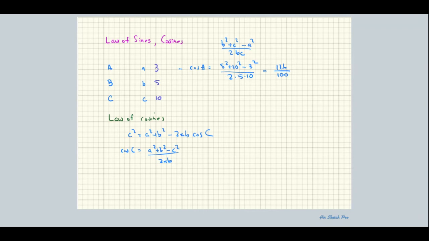Okay, calculator time, guys. Everybody get your calculator out. I want you to find the arc cosine of 116 over 100.